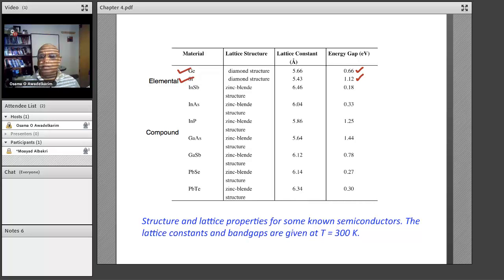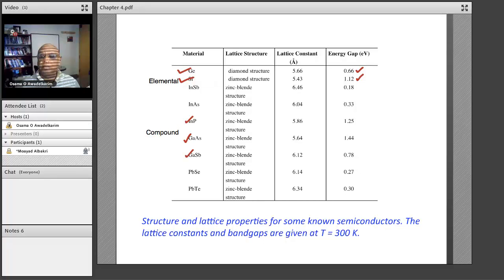semiconductors, and as you can see, they're made up of two atoms. Like here, you see indium antimonide, indium arsenide, indium phosphide, gallium arsenide, and gallium antimonide.